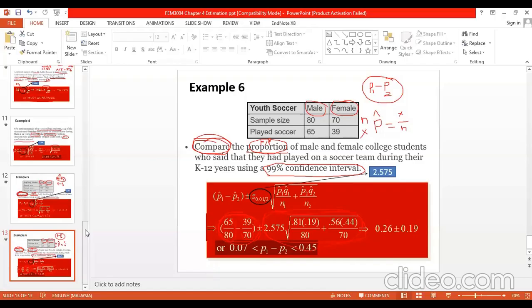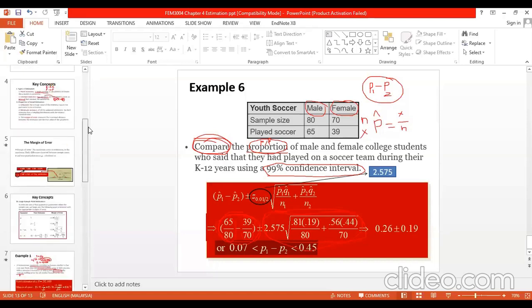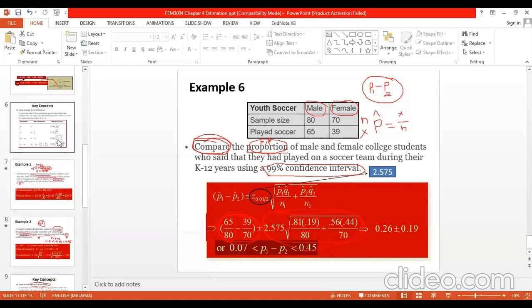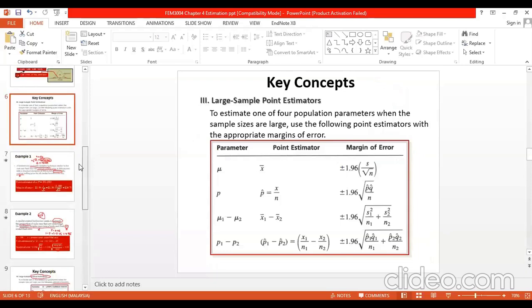All right, so that's all for today's lesson. It's about estimation. There are two types of estimation, that is point estimator and interval estimator. So this is the key concept for point estimator, and some of the examples.